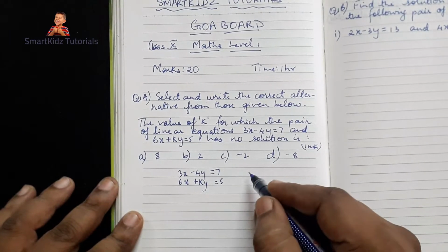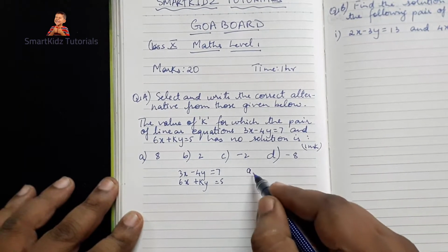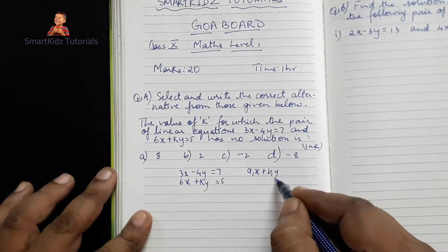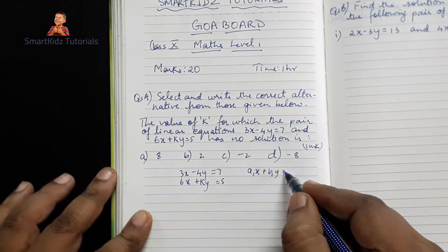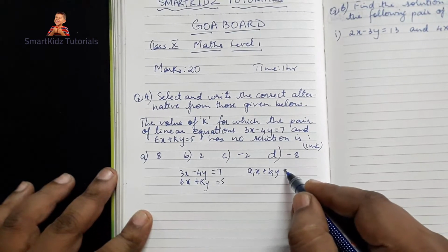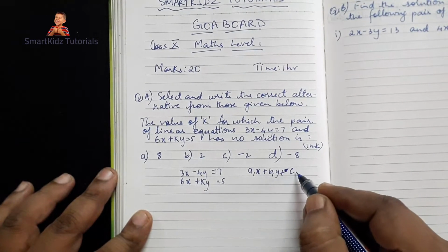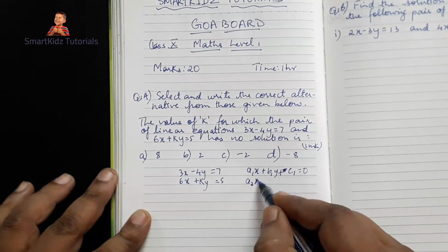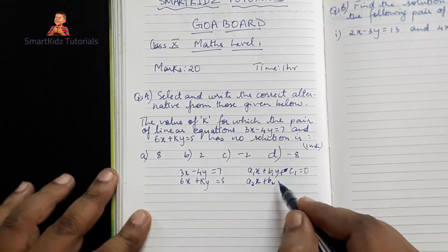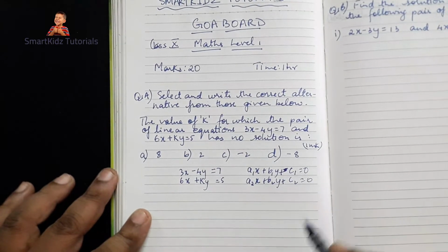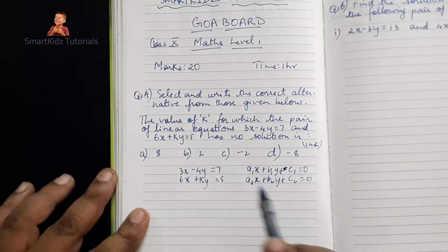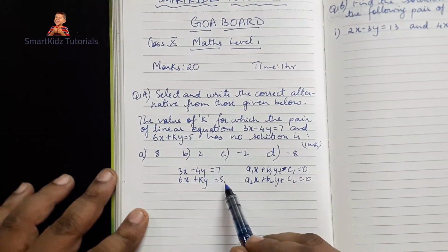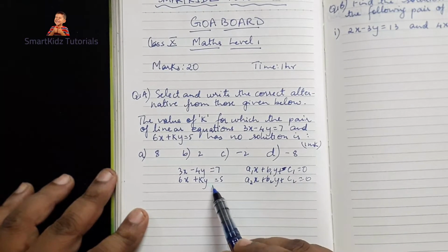If we compare this to the general equation, it will be a1x plus b1y plus c1 equal to 0, where c1 is a constant, and a2x plus b2y plus c2 equal to 0. So if we compare, we'll have to take 7 to the left hand side, that will become minus, and 5 to the left hand side will also become minus.